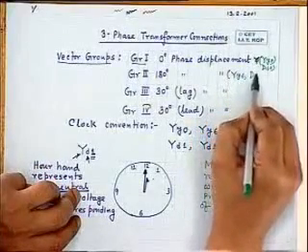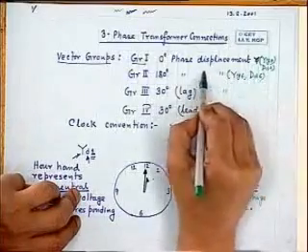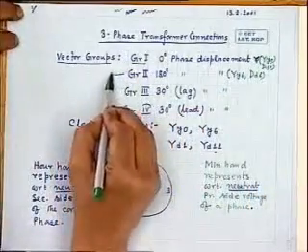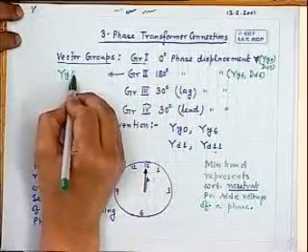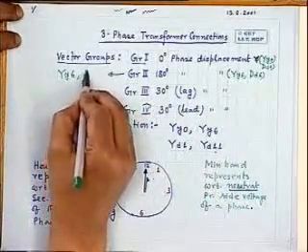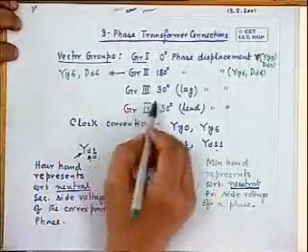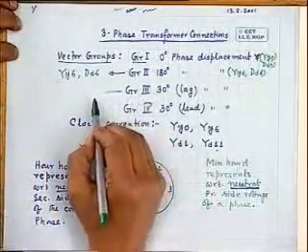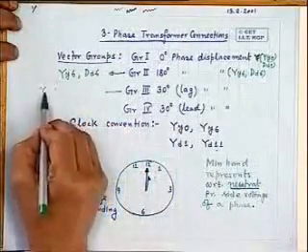Group 2 is YY6 and also DD6. This is the 180 degree business. I will write here. YY6 is possible and DD6 is possible. 30 degree lag.